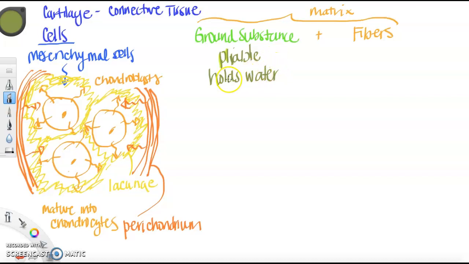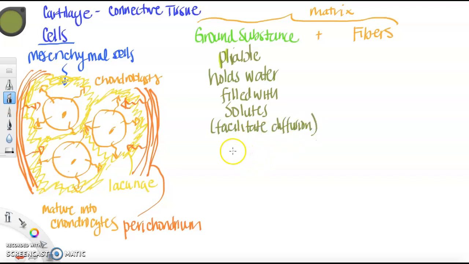And this ground substance that has water in it is filled with solutes. And being in water helps to facilitate diffusion. So those solutes are going to diffuse into the cartilage as nutrients.